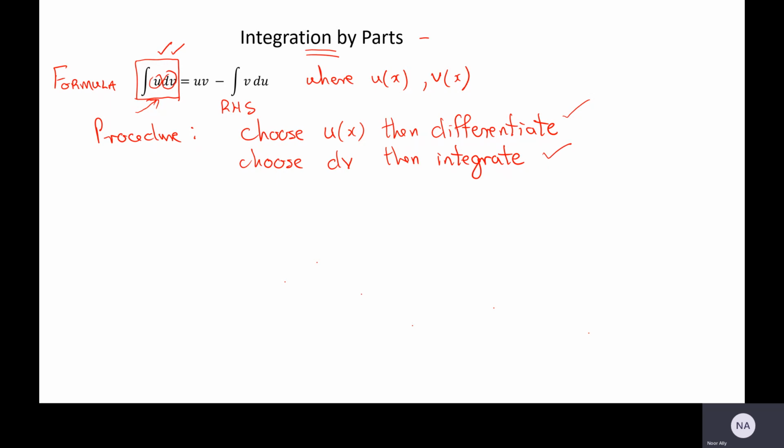And then once we have U and its derivative and the dV, the differential and its function V, we then substitute into the right-hand side of that equation.